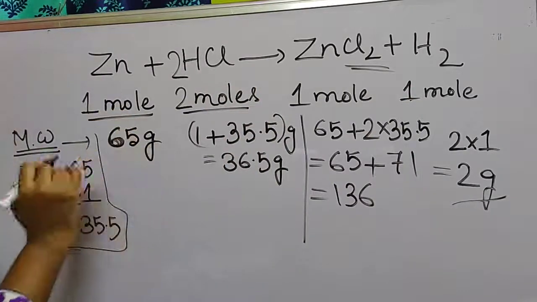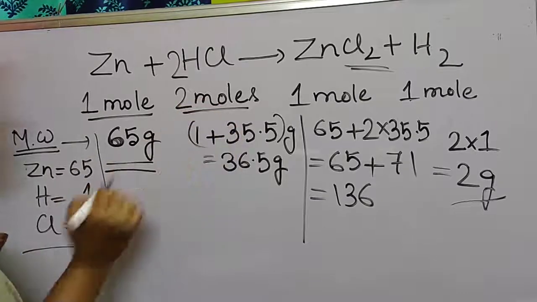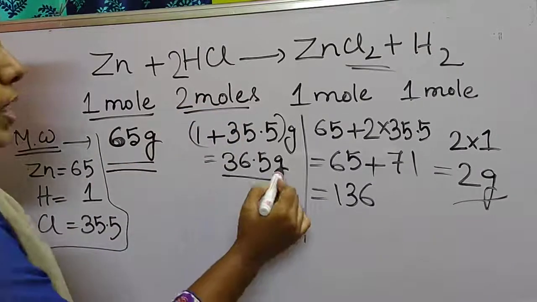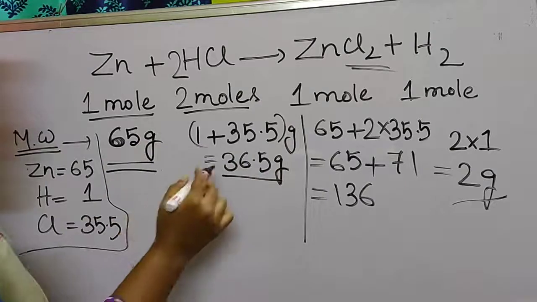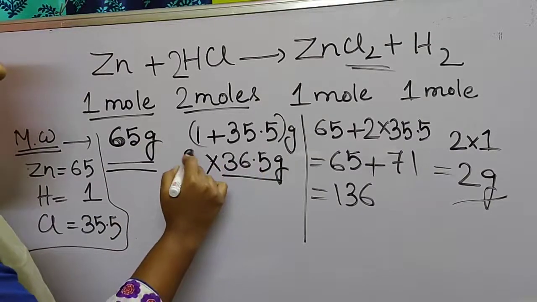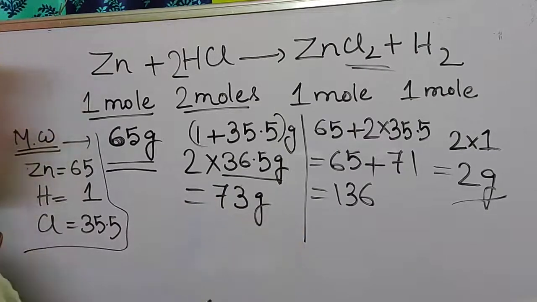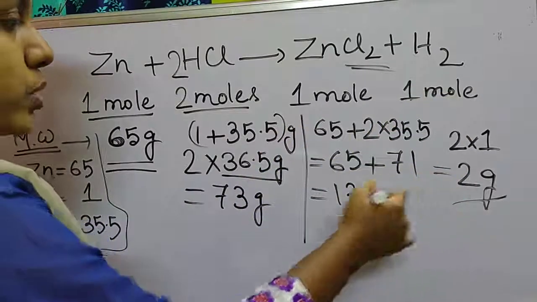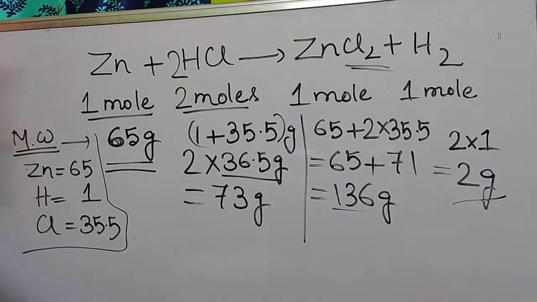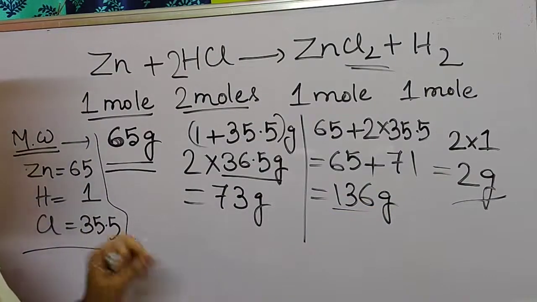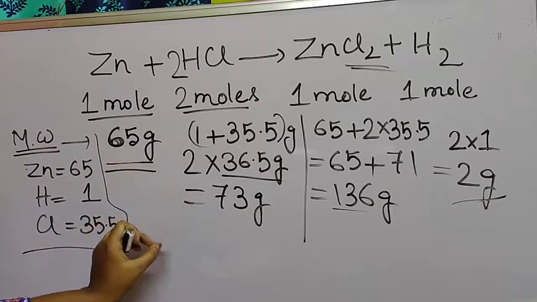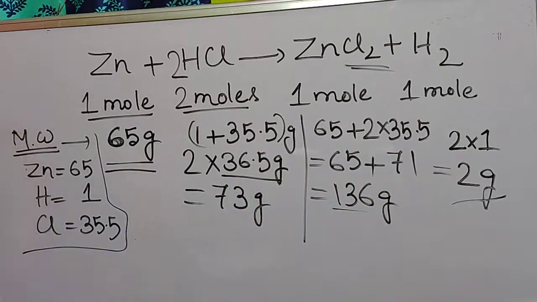Here 1 mole is the final answer. Here 2 moles are there, so you first calculate its molecular weight and then multiply this value with its number of moles, so the value will be 73 gram. Here also 1 mole and here also 1 mole, so their values are accurate. Now calculate the total mass of both sides. That will be equal because of the law of conservation of mass.